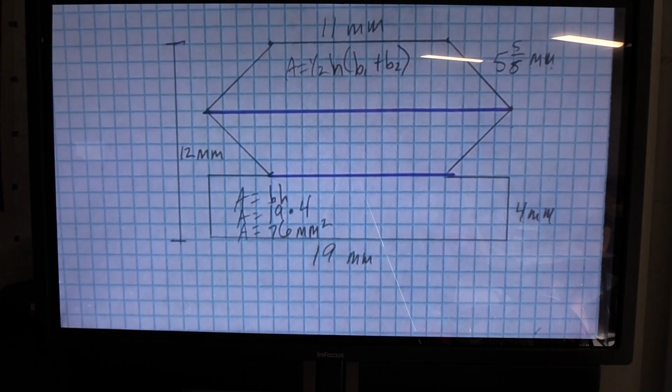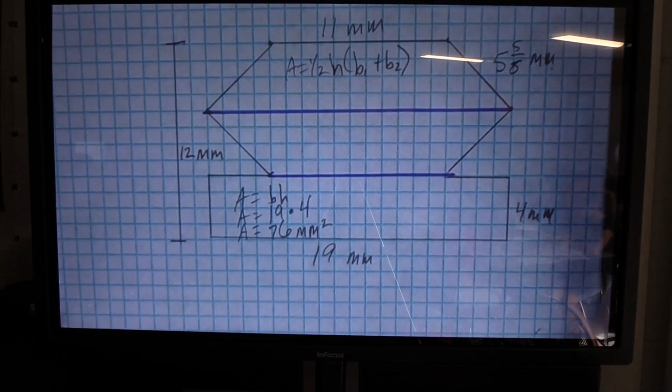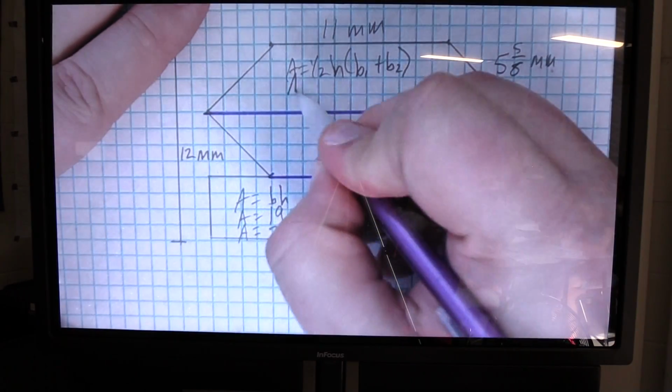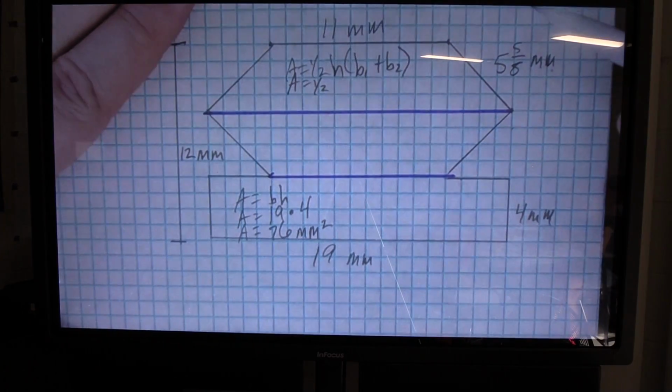Now I could do this without having to multiply the area of one trapezoid by 2, but I'm going to go ahead and do it this way because I don't want to confuse anybody since we're kind of new at this. What I need to do is figure out what is the height here.